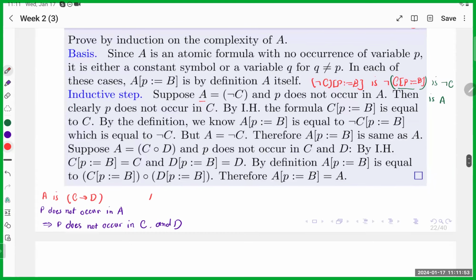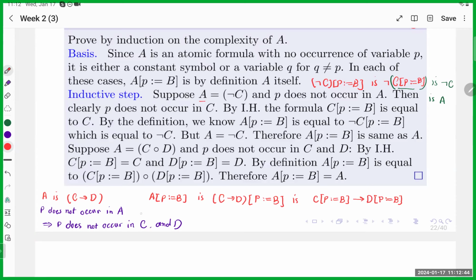Now, the substitution of P with B in the formula C implies D is, by the recursive definition, the substitution of P with B in C, and this implies the substitution of P with B in D.